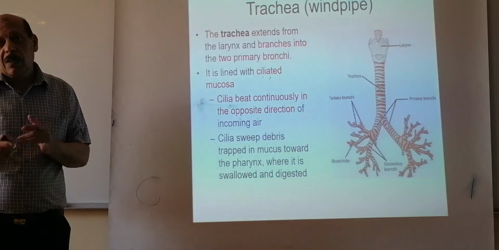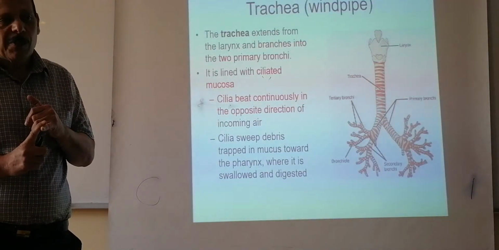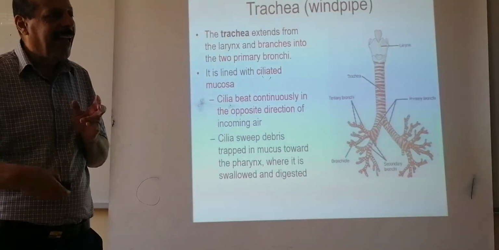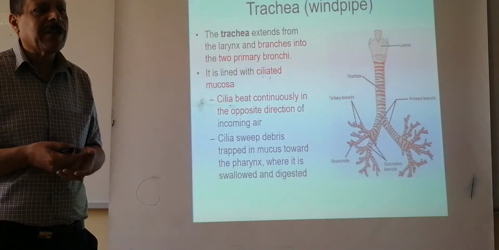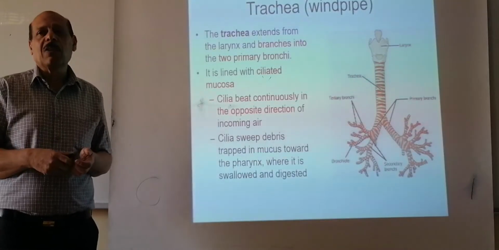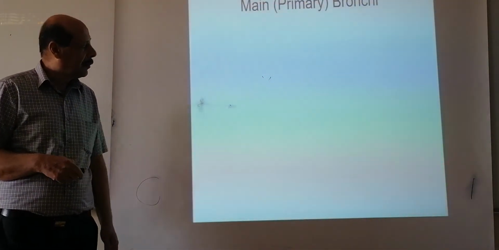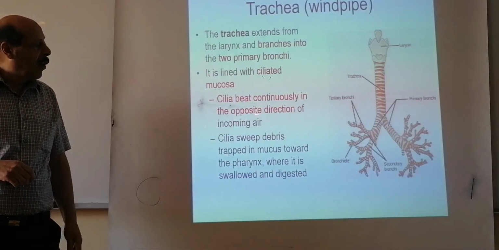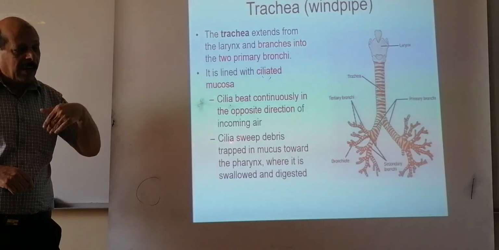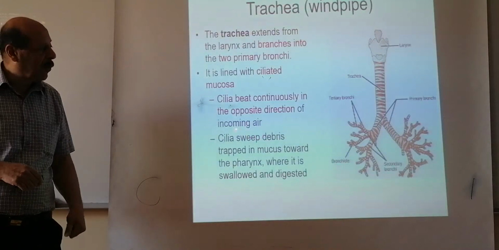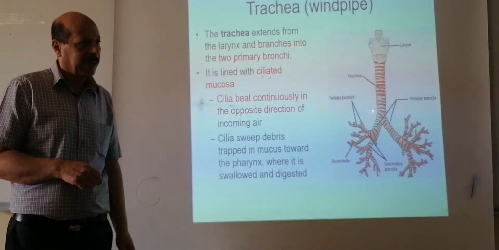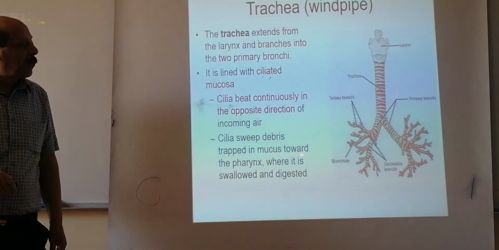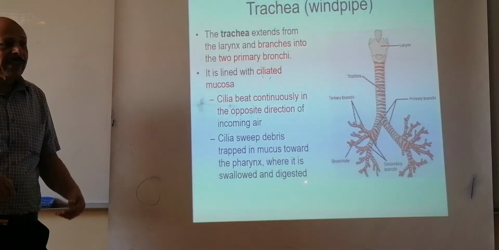What's the purpose of the mucosal membrane and mucosal secretion? They trap microbes and dust, and the cilia will move them up in order to get rid of them, preventing accumulation and infection. The cilia beat continuously in the opposite direction of the incoming air, so they are always moving and removing anything that comes with air, either dust or bacteria or whatever it is. The cilia divert the trapped mucus toward the pharynx, where it will be swallowed and digested.